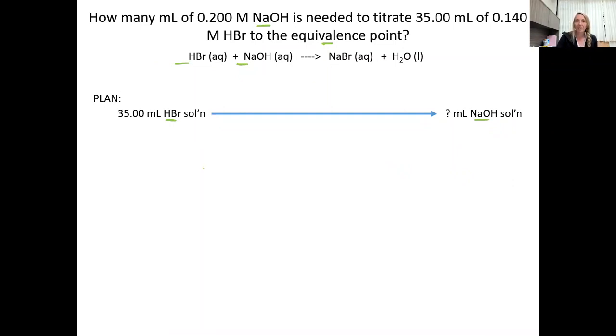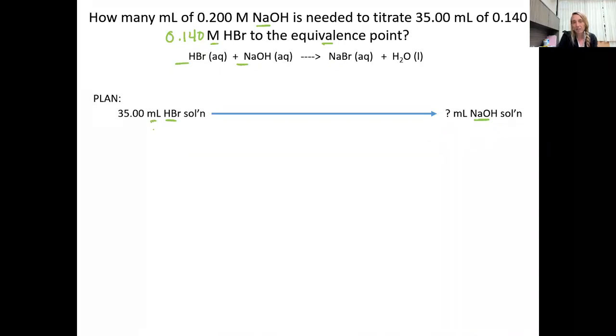Okay. Now, some of the information I'm given, and I should have written that on one line, is the concentration. So I have 35 milliliters of this 0.140 molar HBr solution. Because I have that, let's just write this number down here because I don't like it when my numbers are separated from my units and labels. To use molarity, I need to get to liters.